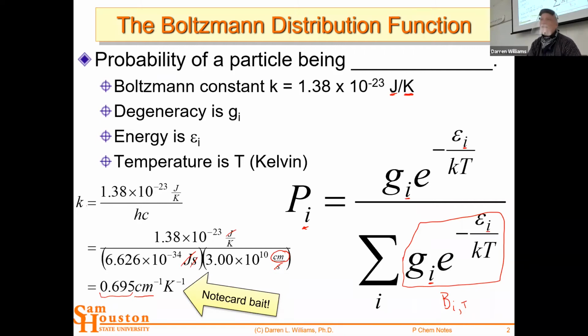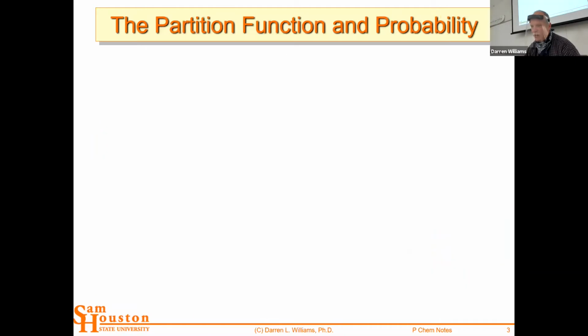And so instead of converting your energy levels to joules, which is a valid way to do it, convert your Boltzmann's constant to wave numbers. And so then that makes life a lot easier. So that's the way we're going to do it today. We have a couple of problems that we're going to work in wave numbers. And so you can just use this version of the Boltzmann constant.